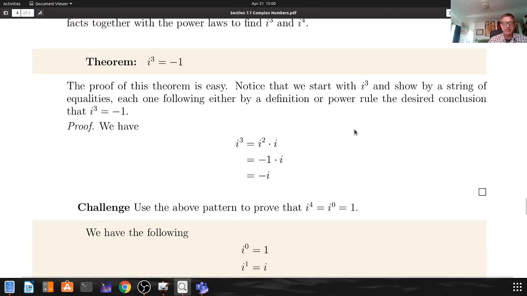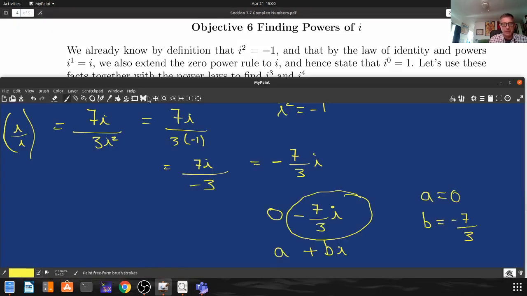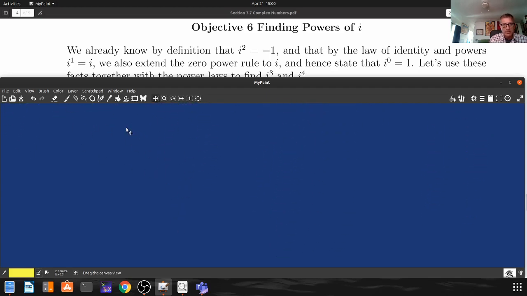So we're going to develop something. Let's prove something that's really, really easy. Our theorem is i cubed is equal to minus 1. Well, let's prove it. Start out with i cubed. I think I misspoke earlier. I want to prove that i cubed is equal to minus i. Is that what I have up there?